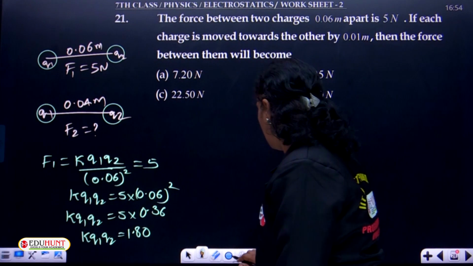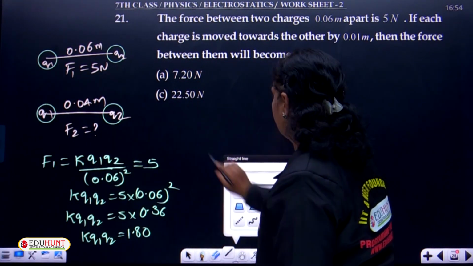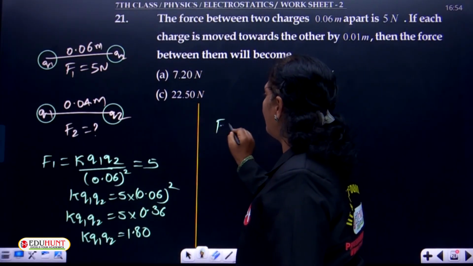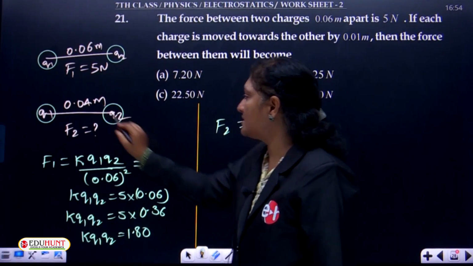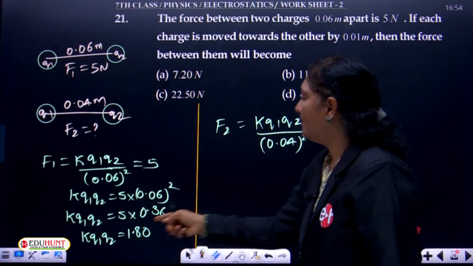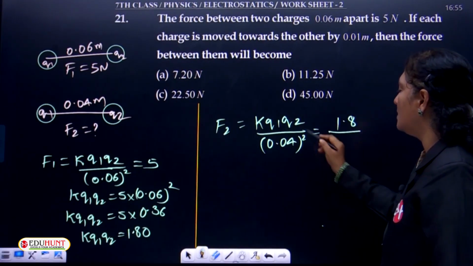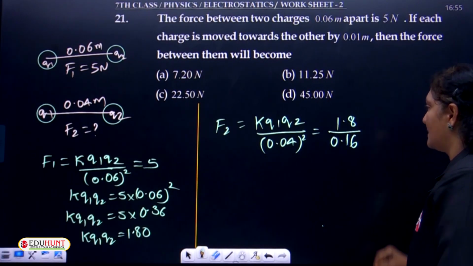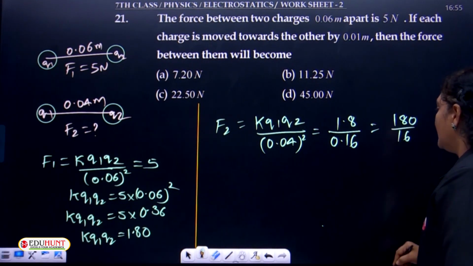Now let us find the new force. F2 is equal to K Q1 Q2 by the new distance square. The new distance is 0.04, so 0.04 whole square is 0.0016, and the value of K Q1 Q2 I already found as 1.8. So this is 180 upon 16.